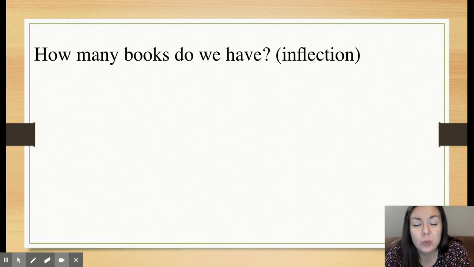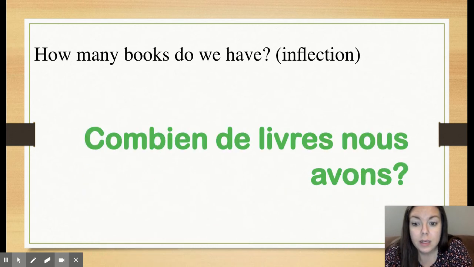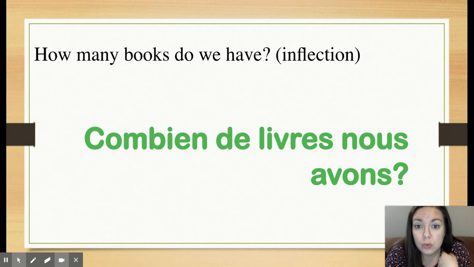How many books do we have? Inflection. Pause, écrivez. Combien de livres nous avons?